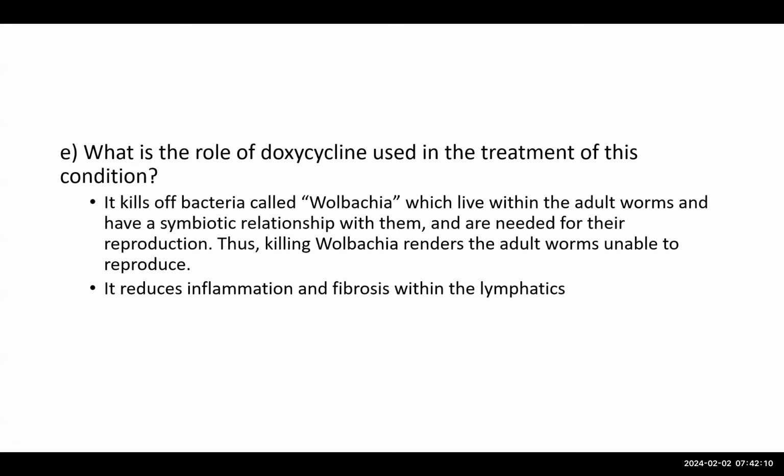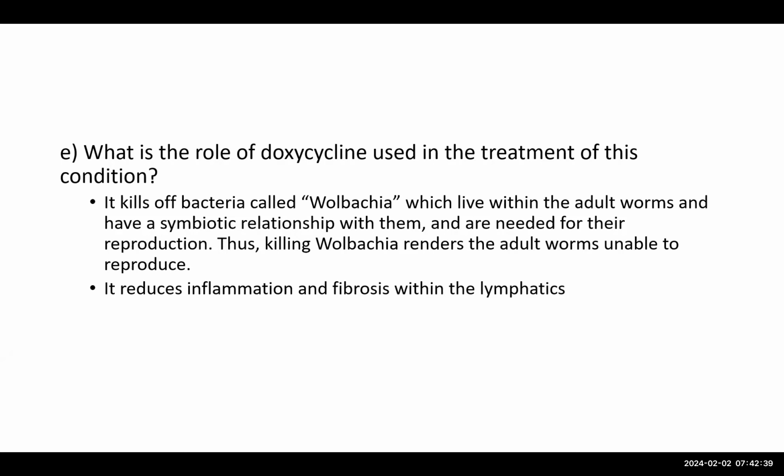So last question says, what is the role of doxycycline used in the treatment of this condition? Now, there is limited evidence to show that doxycycline can kill off adult worms, but that's not very strong. So the main role is that the adult worms have a symbiotic bacteria within them called Wolbachia, and it's important for the reproduction and production of microfilariae.